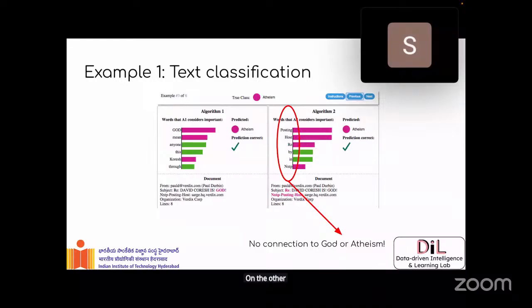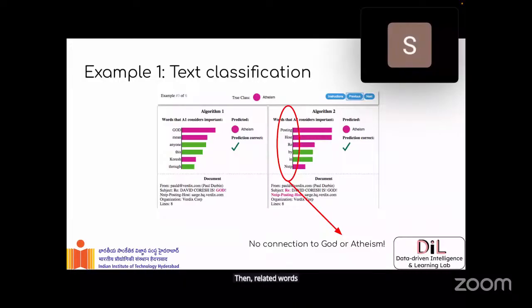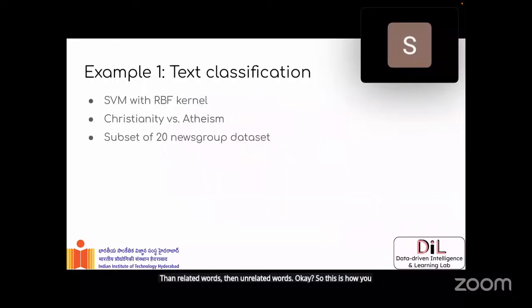On the other hand, in algorithm 2 the important words are not related to God or religion or atheism, but to the mail structure. That's how I deem algorithm 1 to be reasonable, because it is giving more importance to relevant words than to unrelated words. So this is how you can. Sorry, is there a question again?